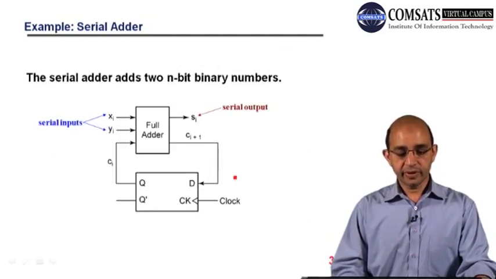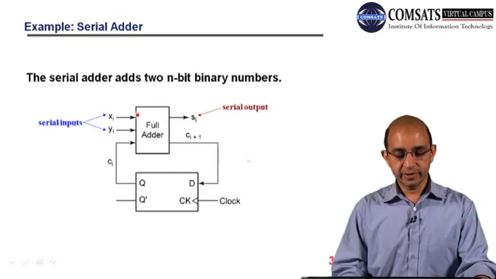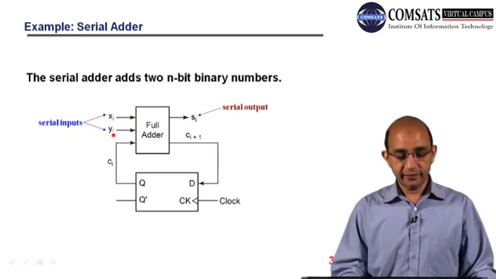We have an example of a serial adder. You can say that this is the block diagram of a full adder. We can see xi and yi, which are the inputs, and this is the carry in, ci, and si, the sum.